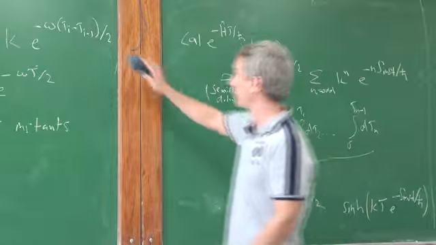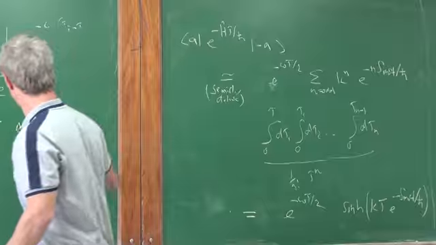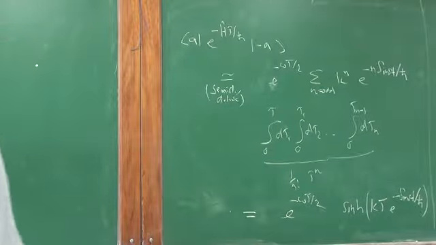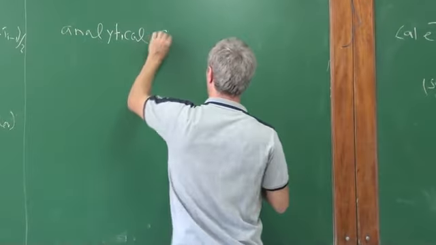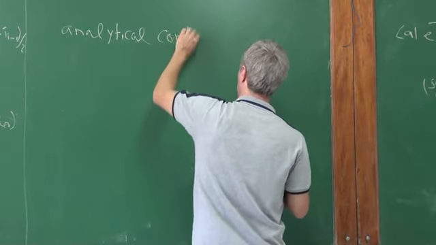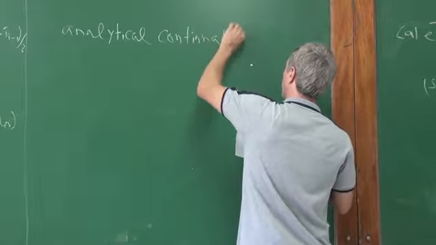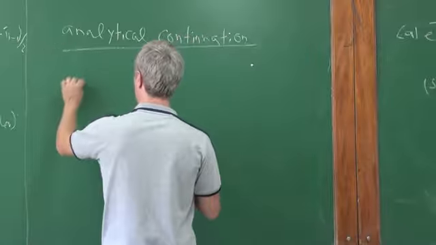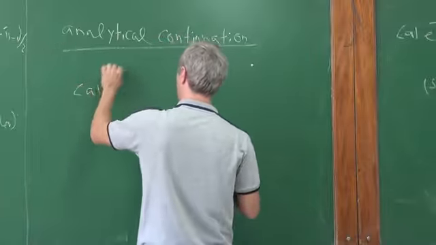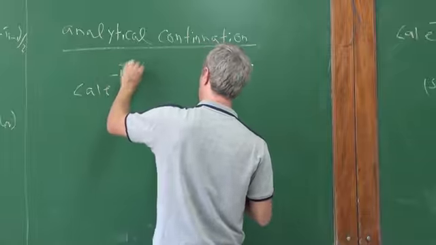So there's no problem doing the remaining step, which is the analytic continuation. Here it's very simple, it can be more complicated. This then corresponds to the object we were interested in.